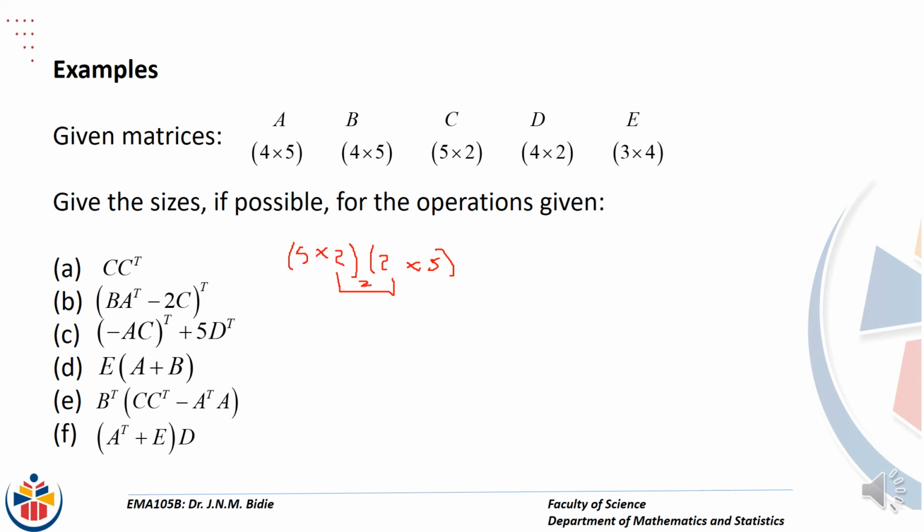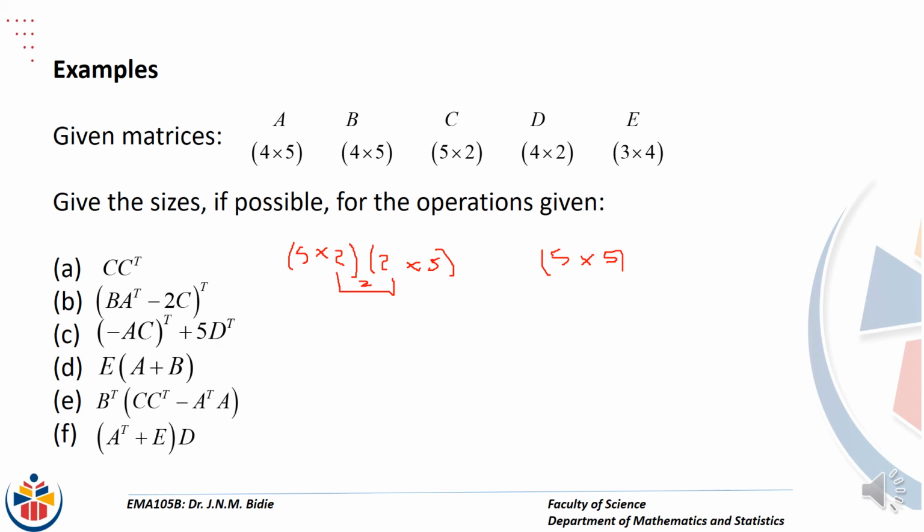So that means the product C and C transpose will have the size 5 by 5, because those two are equal. Now we do the same for all these, for B, C, D, E, and F.